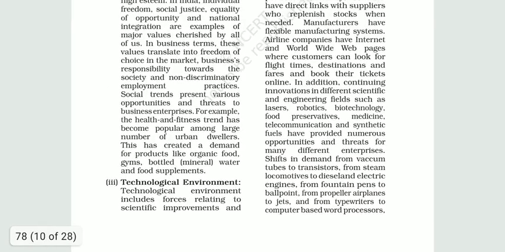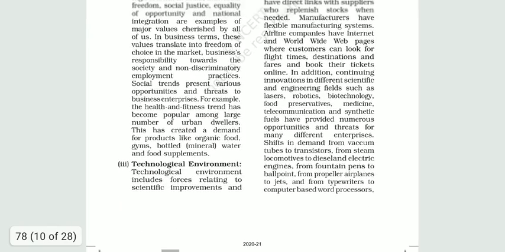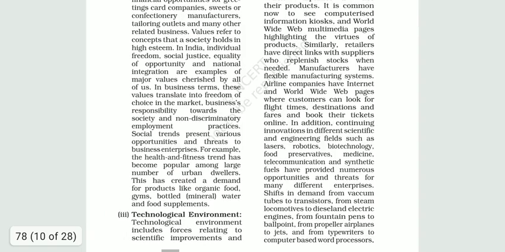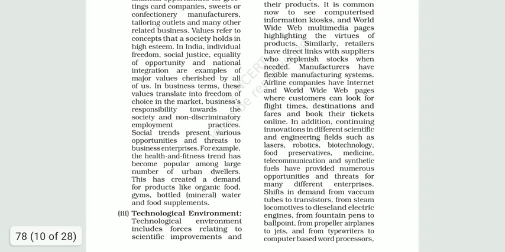Now let's talk about the third environment. The third dimension of a business environment is the technological environment.